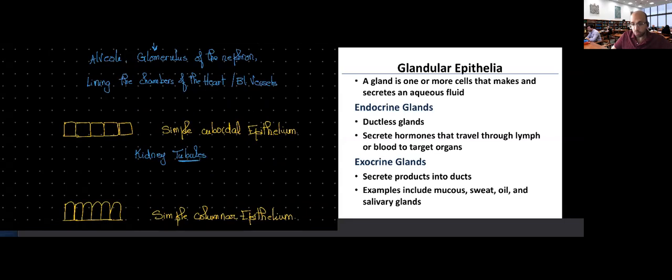So I need to be more specific. I can't just say kidney. Kidney will have different types of tissues, but I need to say kidney tubules. Those are the tubules that allow absorption and secretion, allowing you to modify the structure of the filtrate to form the urine.